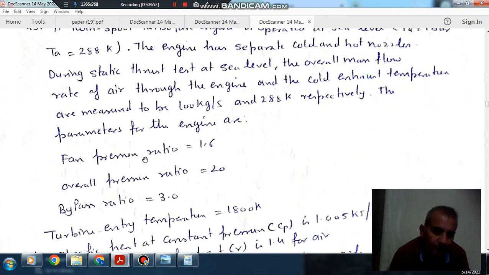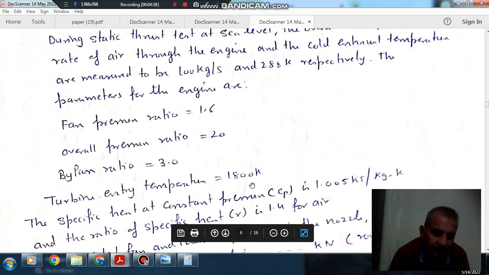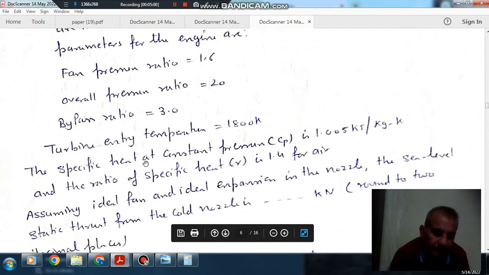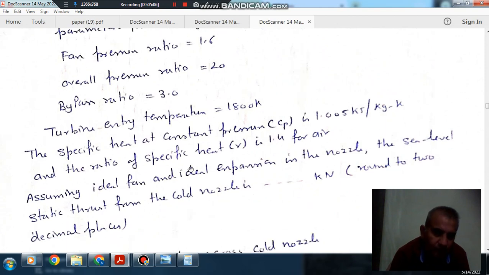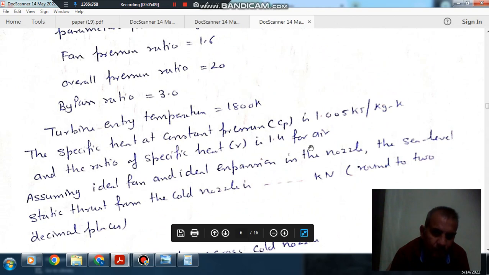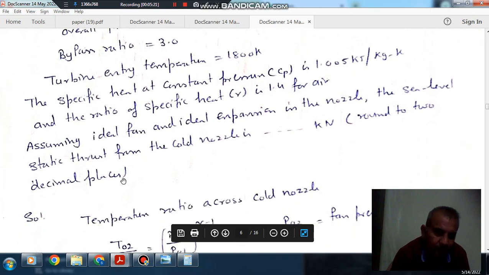The parameters for the engine are fan pressure ratio 1.6, overall pressure ratio 20, bypass ratio 3, turbine entry temperature 1800 Kelvin. The specific heat at constant pressure Cp is 1.005 kilojoule per kilogram per degree Kelvin, and the ratio of specific heat gamma is 1.4. Assuming ideal fan and ideal expansion in the nozzle, the sea level static thrust from the cold nozzle is dash kilonewton, round off to 2 decimal places.